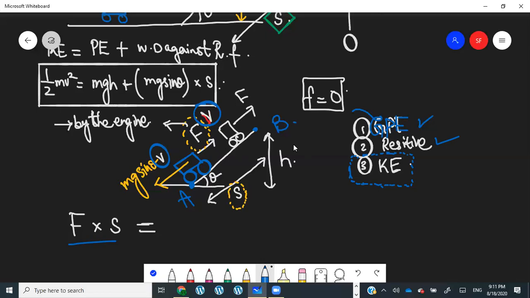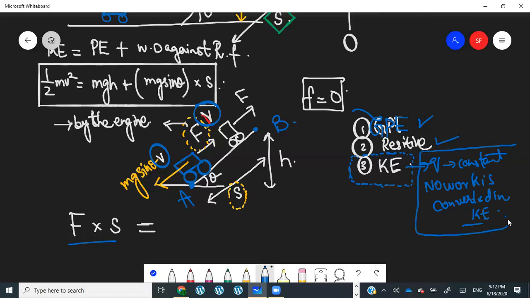No. So whenever velocity is constant, no work is converted into KE, kinetic energy. This is a very important point to note.